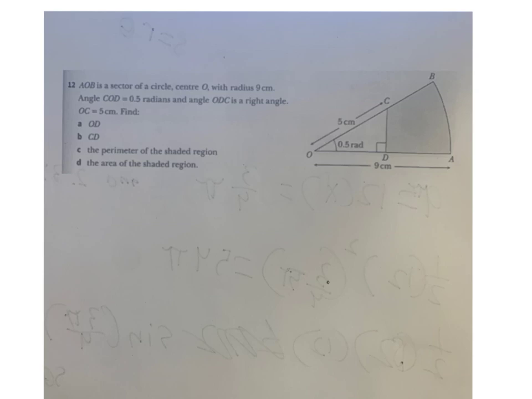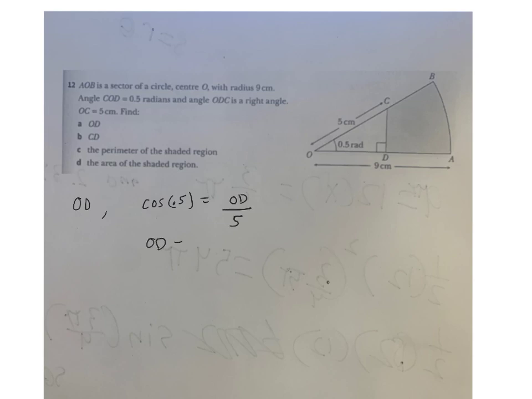Okay, so first thing it says is to find OD. To find OD, it's a right triangle right there, so we're going to use the cosine of 0.5 radians, which is the adjacent, OD, over 5.